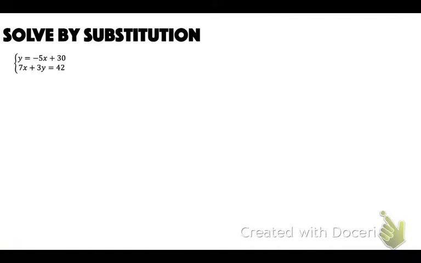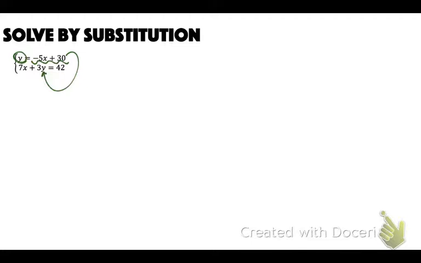Now let's solve by substitution. I use substitution when it is very clear one of your variables is solved for. Then we could just take this and plug it in down here. When there's already a variable solved for, that's when I decide to use substitution.